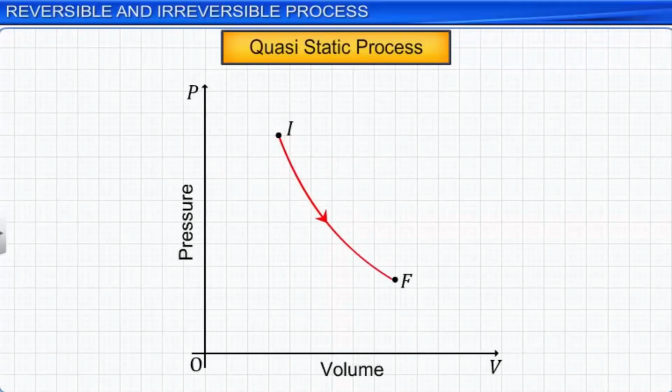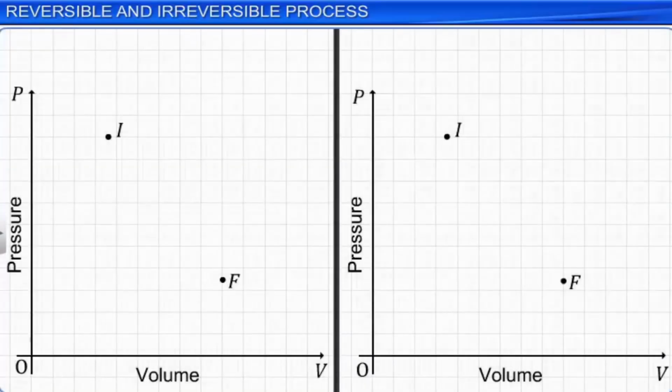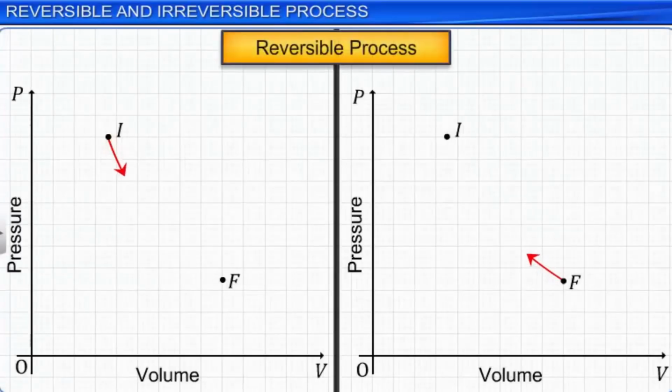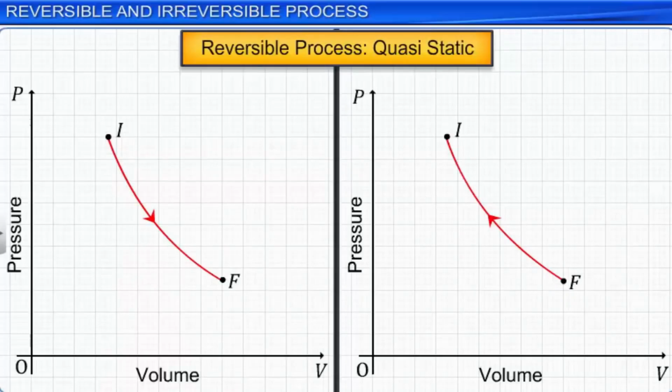Now, we can write the conditions for a process to be a reversible process. For a process to be reversible, it must be quasi-static, and there must be no dissipative effects.